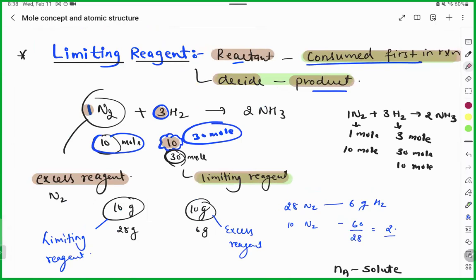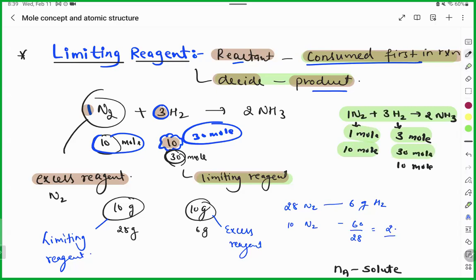To calculate the limiting reagent, you should know the equation first. For example, this is the equation given. It says that if you have 1 mole of N2, there should be 3 mole of H2. It means if you take 10 mole of N2, there should be 30 mole of H2.